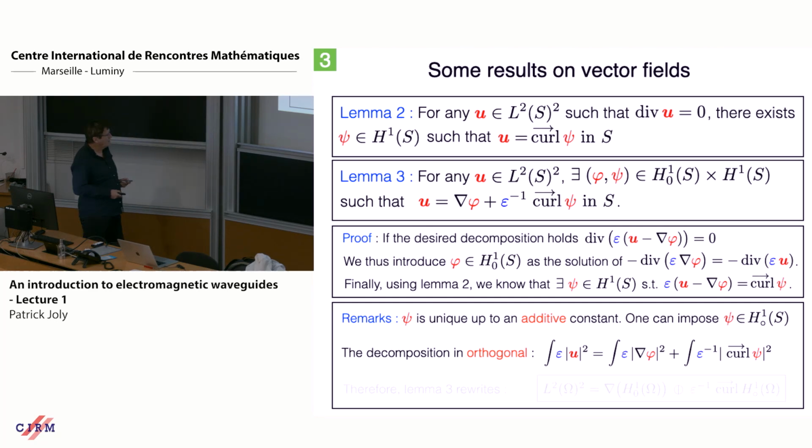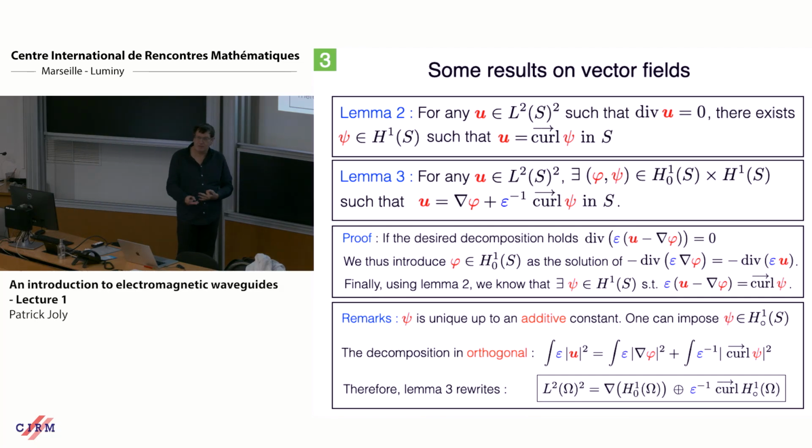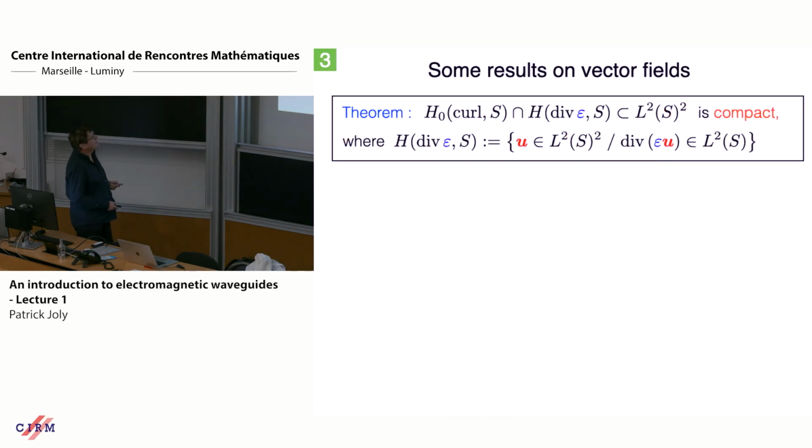Okay. So, in fact, lemma 3 simply says that we have an orthogonal decomposition of L2 fields as the gradient of H1 0 plus epsilon minus curl of H1 circ. But this is true for the simply connected case.